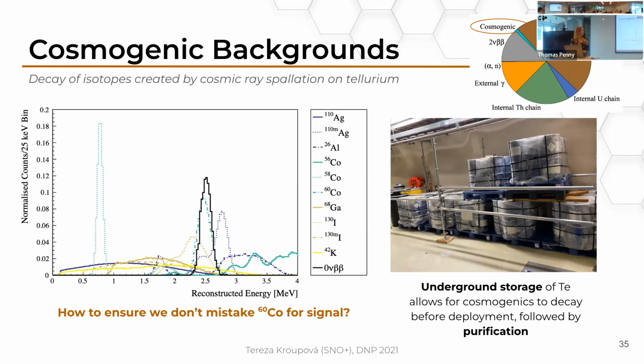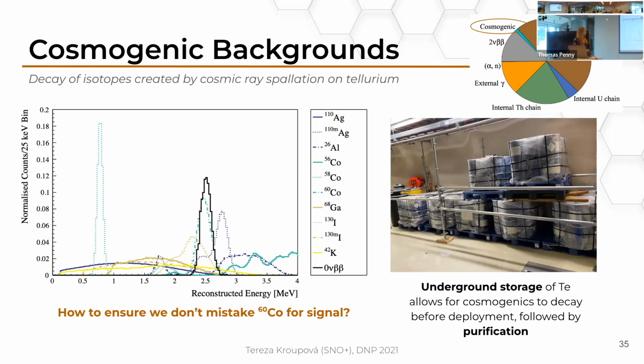Nevertheless, if you look at this energy spectrum, where the black line is the neutrinoless double beta decay peak in simulation, you notice that a lot of them overlap. In particular, there's this cobalt-60 peak that looks almost exactly like the signal. So if you look at this reconstructed energy, you have to ask, how are we ever going to measure neutrinoless double beta decay?